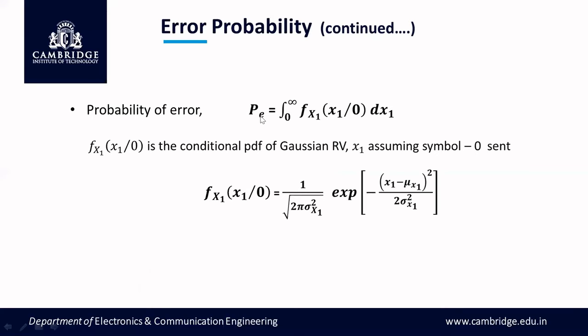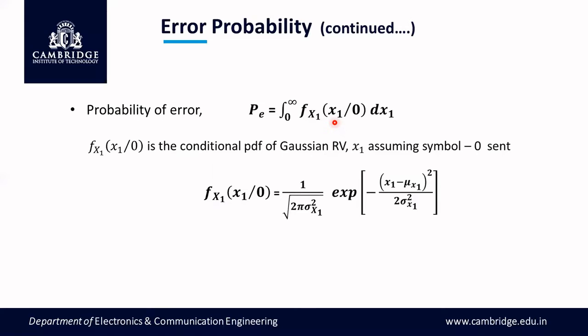The probability of error is generally calculated by integrating the probability density function, that is fX1(x1). The capital X1 says that the received signal is a random variable. Small x1 is the sample value of this capital X1.